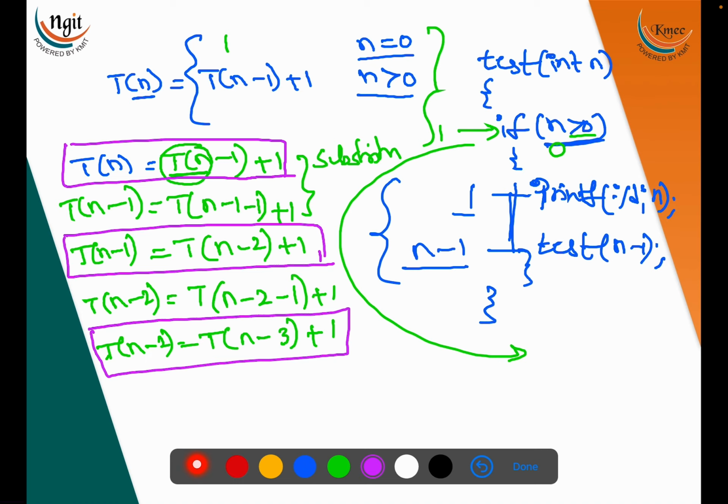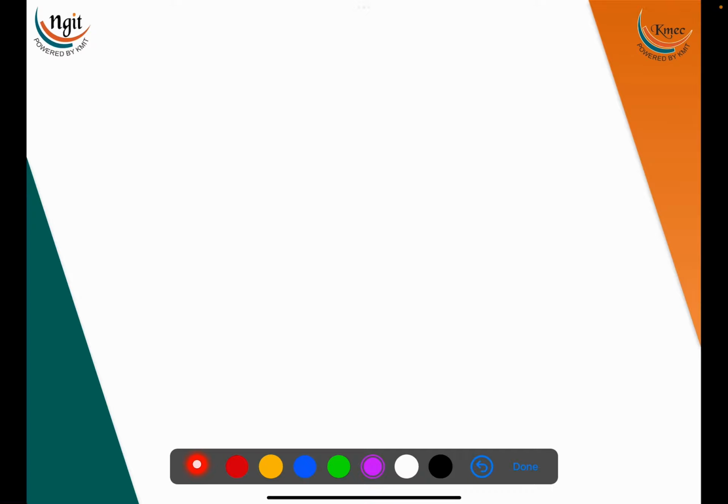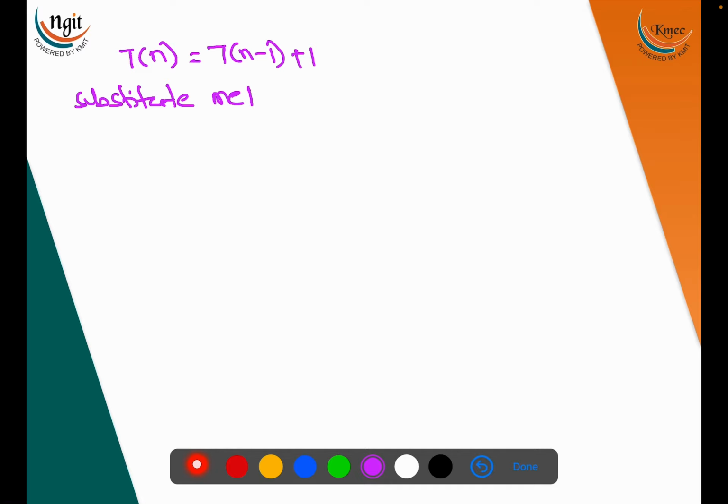Now, I'll take one more slide. Using the substitution method, T of n is equal to T of n minus 1 plus 1. T of n is equal to T of n minus 2 plus 1.